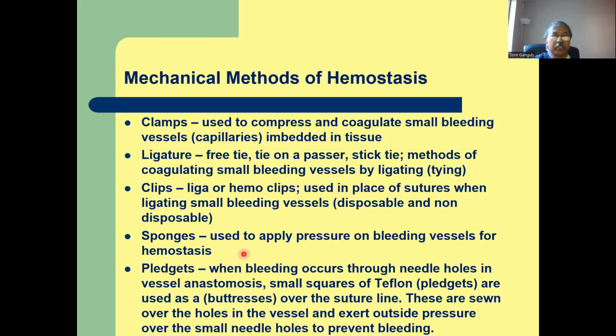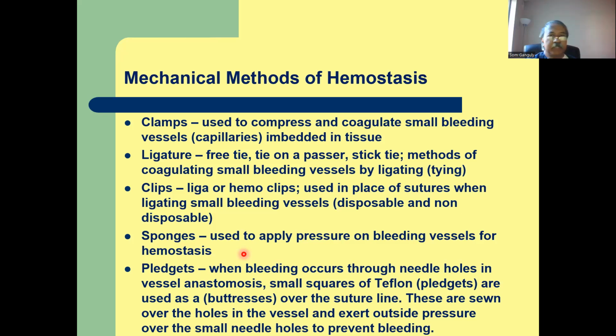Pledgets are nothing but a section of tiny sponge cut previously. It could be Teflon or it could be a cellulose sponge. Mostly we use Teflon-made synthetic pledgets.